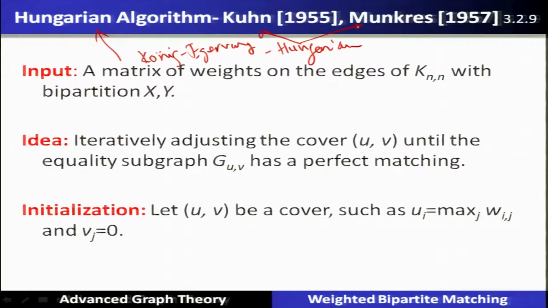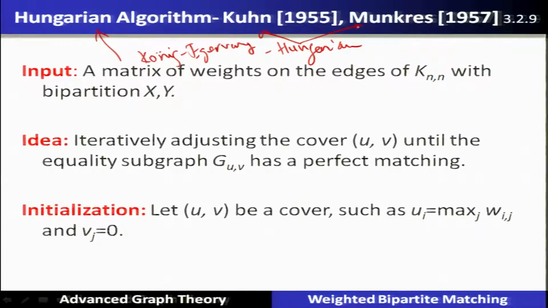Input to this algorithm is a matrix of the weights on the edges of K(n, n) with the bipartition that we have already told. The idea of this algorithm is to iteratively adjust the cover until the equality subgraph has a perfect matching. The duality property will ensure that a perfect matching, or a matching of maximum weight, has been achieved.